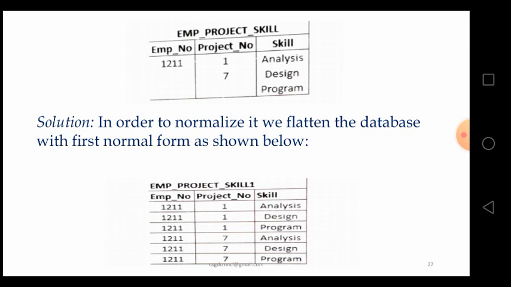Employee number 1211, project number 1, skill is analysis. Same employee 1211, project number 1, design skill. Same employee 1211, project number 7, skill is analysis. So one employee can have different skills.